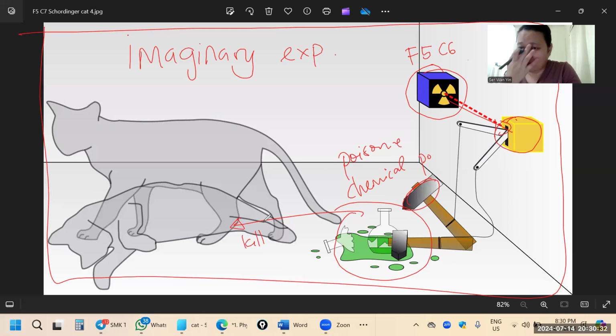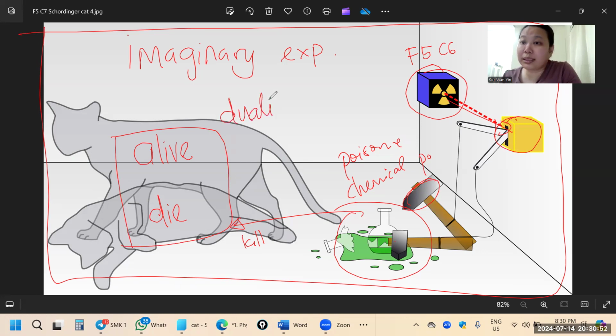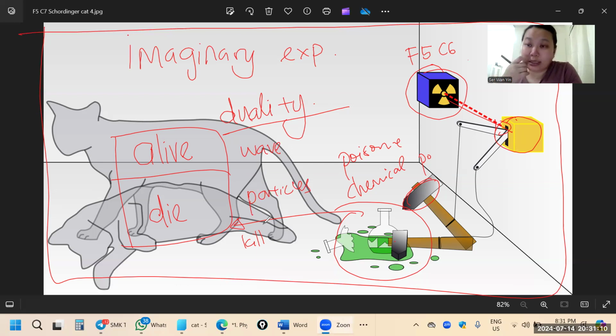Okay, so now, before you open the box, the cat could be alive or could be dead. So these two probabilities exist at the same time. So here is the duality. It means that when you do not observe the light, it is in wave form and also in particle form.